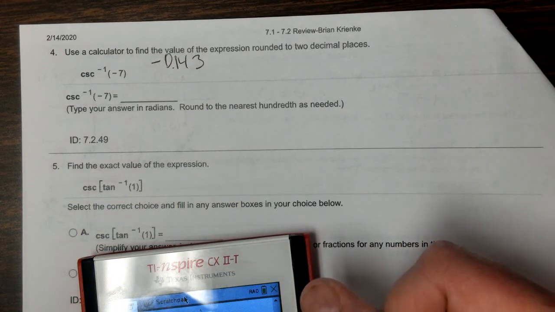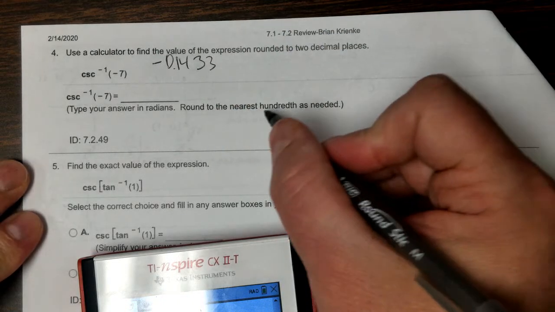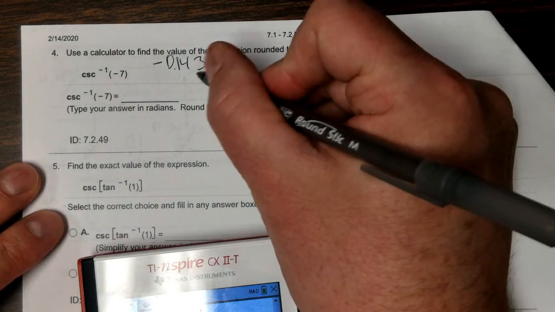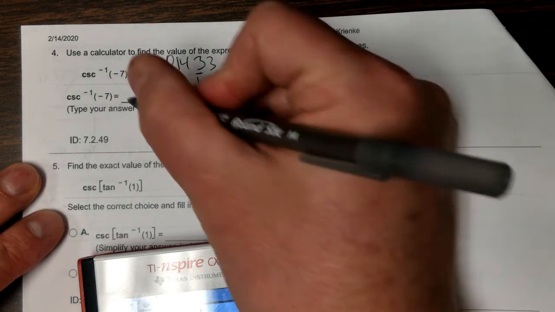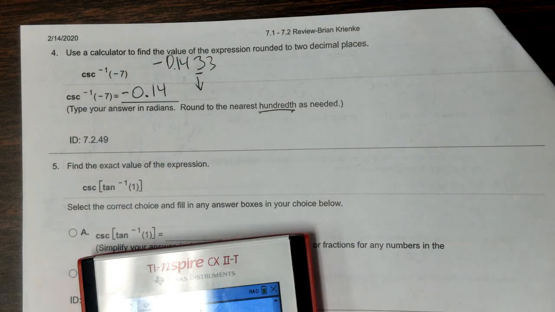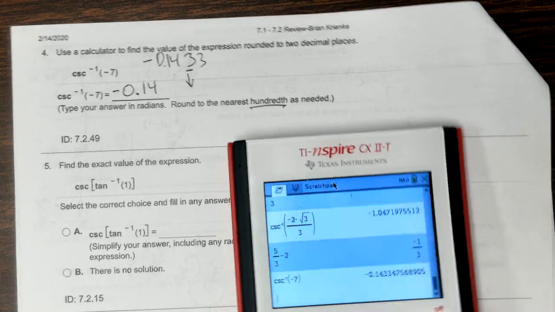That's negative 0.1433. And we want to the 100th, which means we want 2 decimal places. So based on this 3, we're going to round down and just get negative 0.14. So we just round to 2 decimal places.